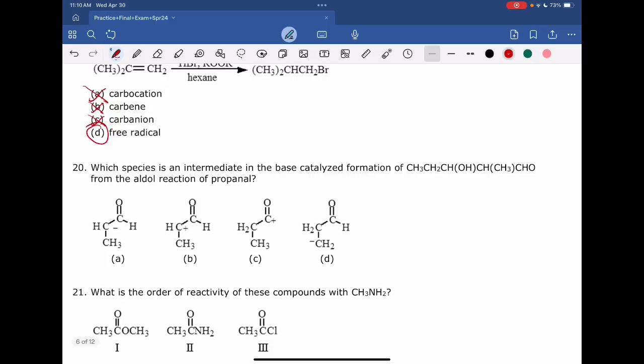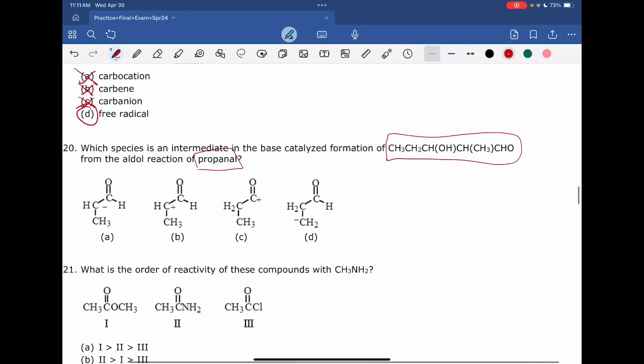Okay. Which species is an intermediate in the base catalyzed formation of... Okay, I don't even think we need to pay attention to this because all of the answers are just propanol derivatives. So they're just asking you what happened to the propanol if you reacted it with base.